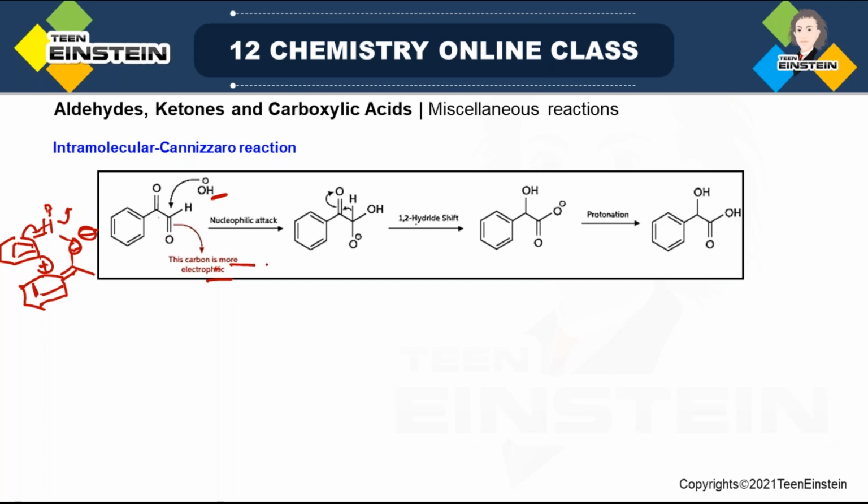which is the nucleophilic attack, and after that there will be a negative charge over oxygen. And we know that after this first step, what happens next? The hydrogen which is attached to this carbon, where the nucleophile is attacking, will be removed. That means this carbon-hydrogen bond will be broken, and this hydrogen will be removed in the form of hydride.